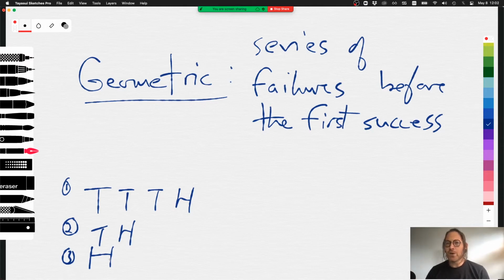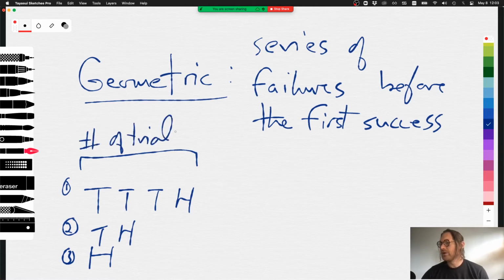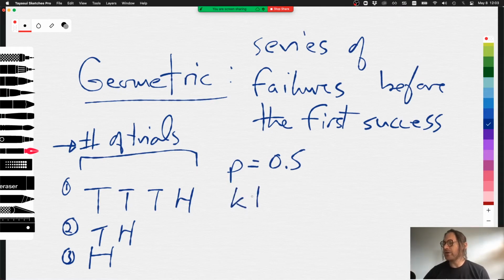So something to notice is that the number of trials varies, right? So we need to think about this as the number of trials. And that's really the thing that we're focusing on. So if we have a probability of 0.5 in this case, we might ask the question, what is the probability that there will be k trials before the first success?